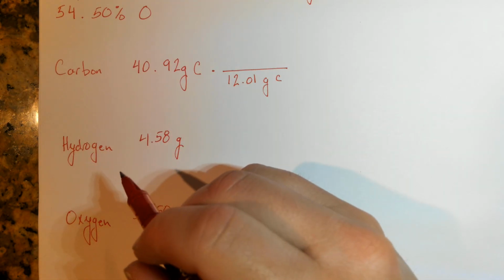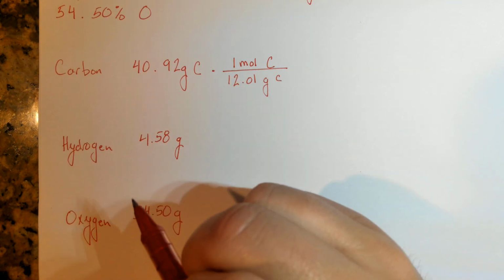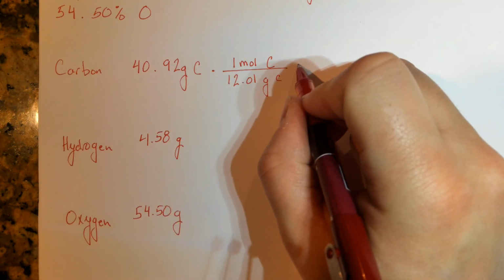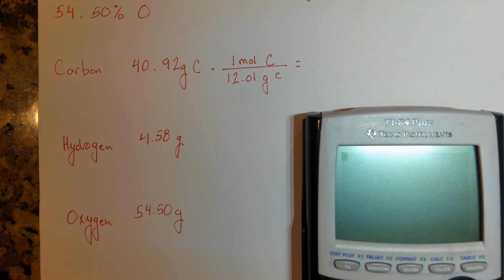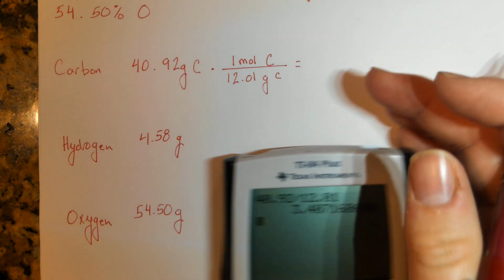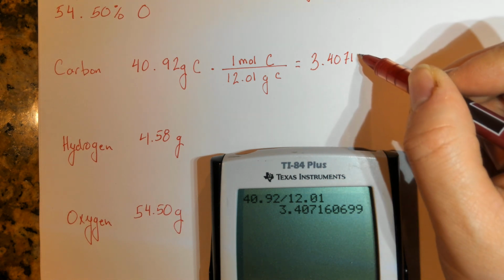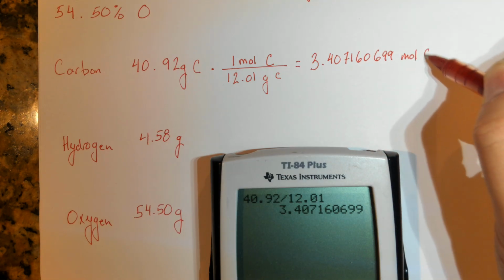And so for every 12.01 grams of carbon, I'll have 6.022 times 10 to the 23rd particles of carbon, which is 1 mole. Great. Now we can grab our handy-dandy calculator. And we can say, okay, how many moles is that? 40.92 divided by 12.01 gives us 3.40716069 moles of carbon.